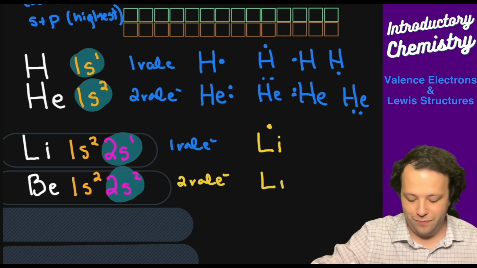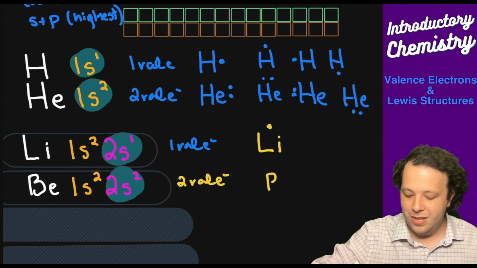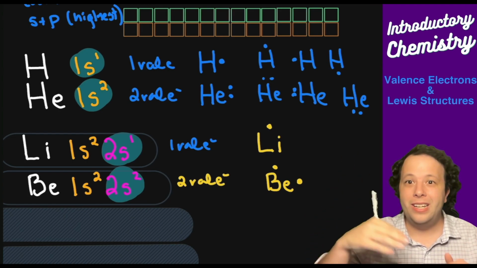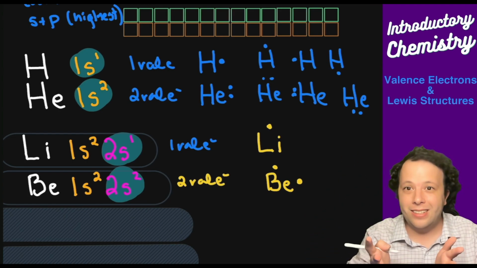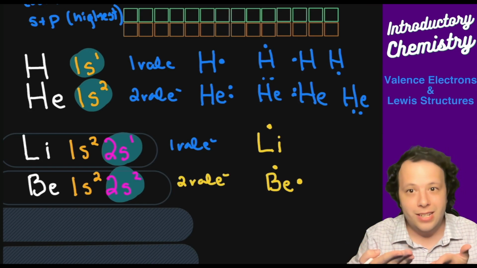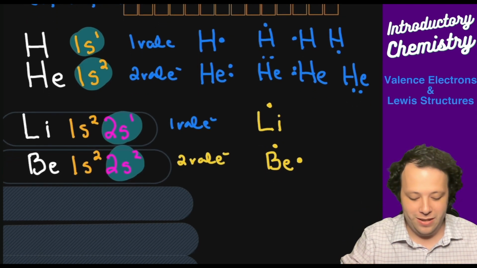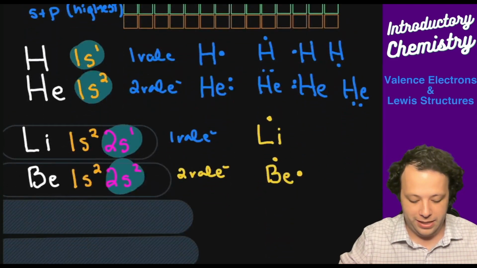We do beryllium, and we write 1, 2. Notice the difference between beryllium and helium. Helium has a complete level, so we write them together. However, beryllium does not. It still has room to grow, and that's because we now have access to the p electrons.